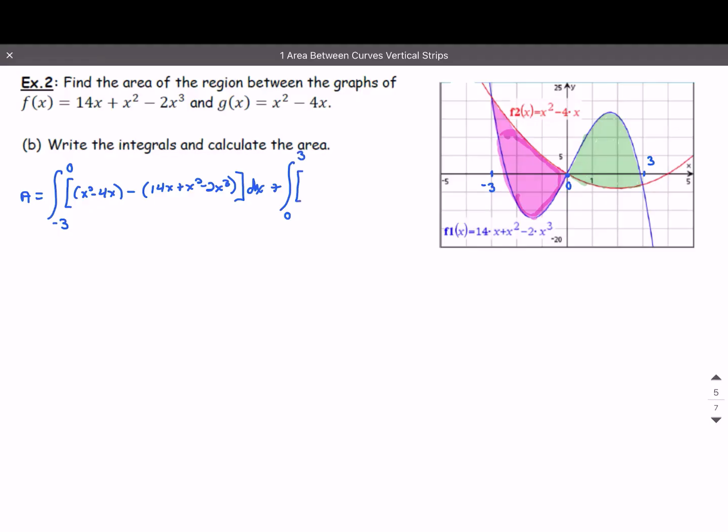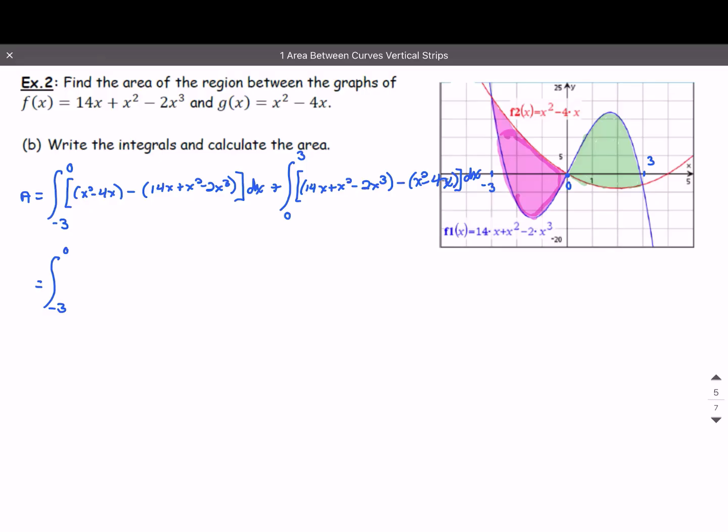The top curve is f of x, which is 14x plus x squared minus 2x cubed, minus the bottom curve, x squared minus 4x dx. Okay, so we have the integral from -3 to 0.